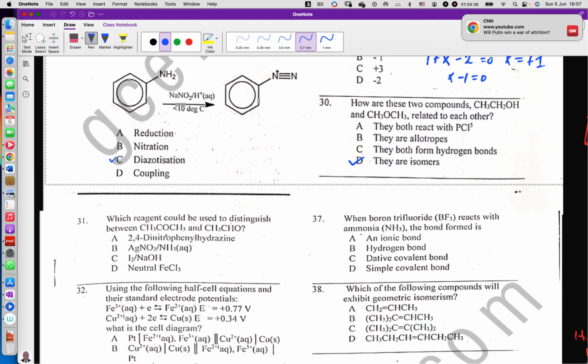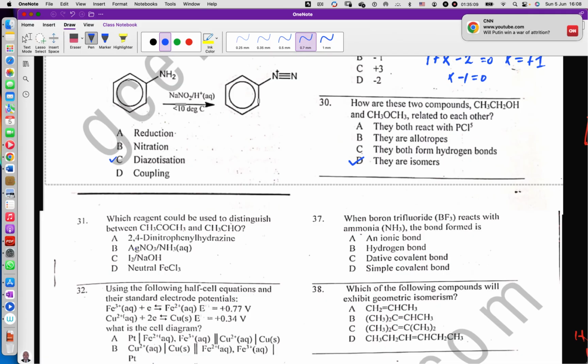This is ethanal, an aldehyde, and this is propanone. So which reagent could be used to distinguish between a ketone and an aldehyde?